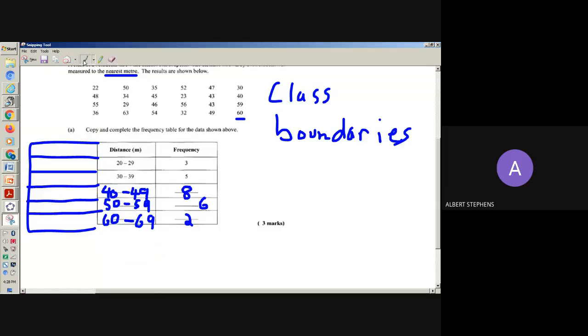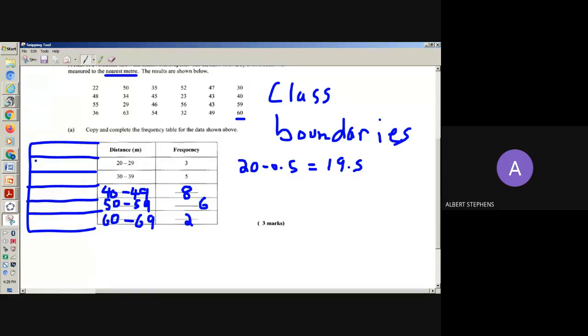Now, what are they? You see the 20, the 30, the 40, the 50, and the 60. What you're going to do is subtract 0.5 from those numbers. So 20 subtract 0.5, what is that, class? 19.5. So that's what you're going to do for all of them on the left.